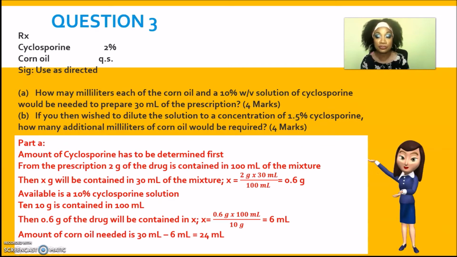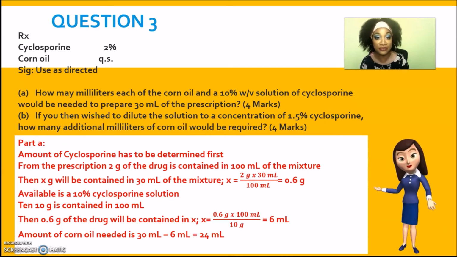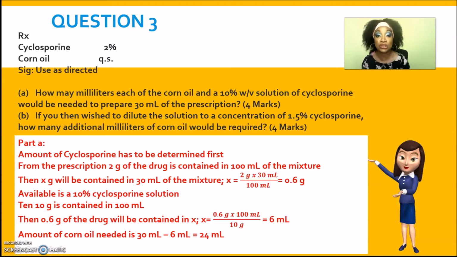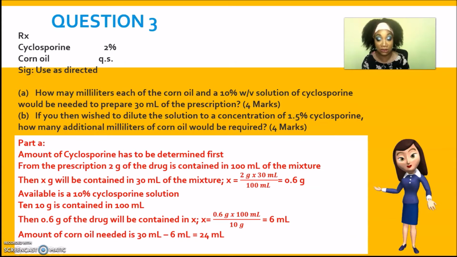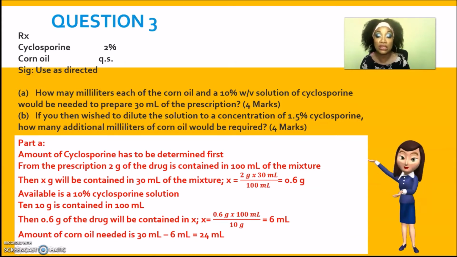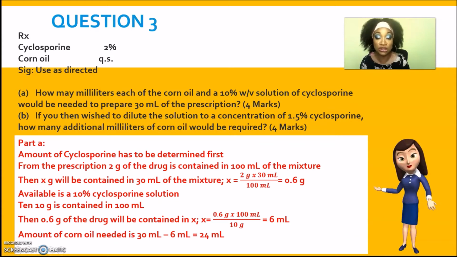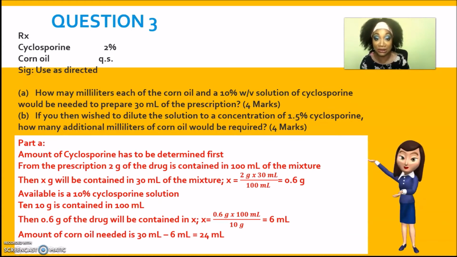Now, looking in the formula, cyclosporine will have a final concentration in whatever mixture you're making to be 2%. In this case, we're making 30 ml. So the 30 ml, you need to determine what amount of cyclosporine is going to be in that 30 ml, given that it will have a concentration of 2%.